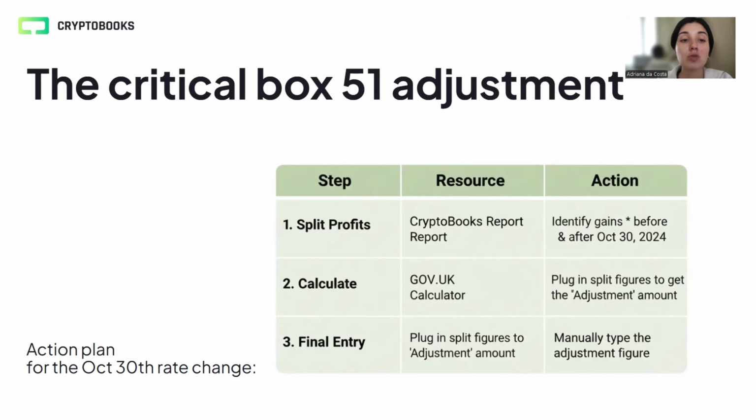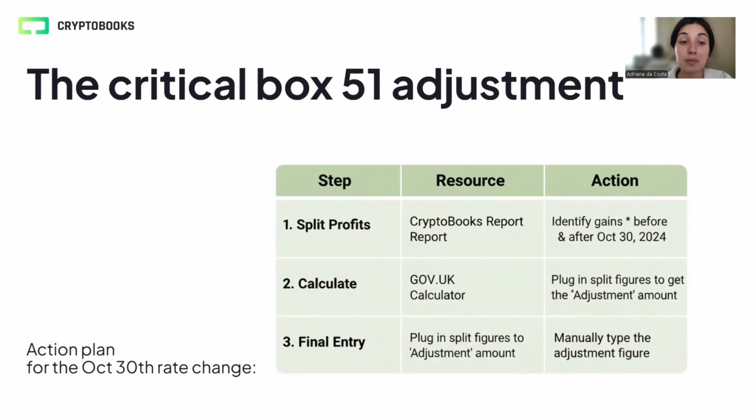Box 51 does not replace your reported gains. It only adjusts the calculation to reflect the two different capital gains tax rate periods. First, look at your CryptoBooks report. It will have already done the hard work of separating your profits into pre-October and post-October.